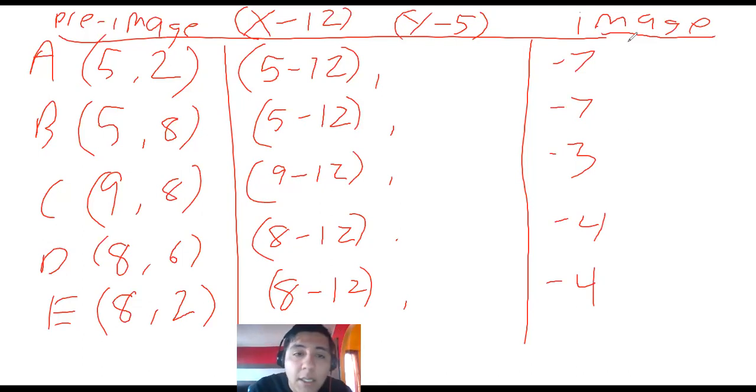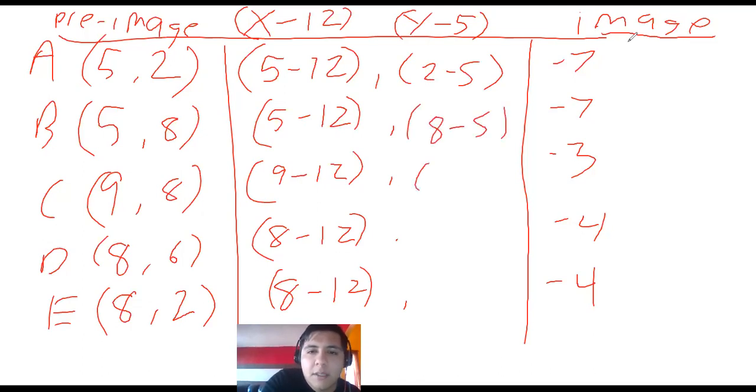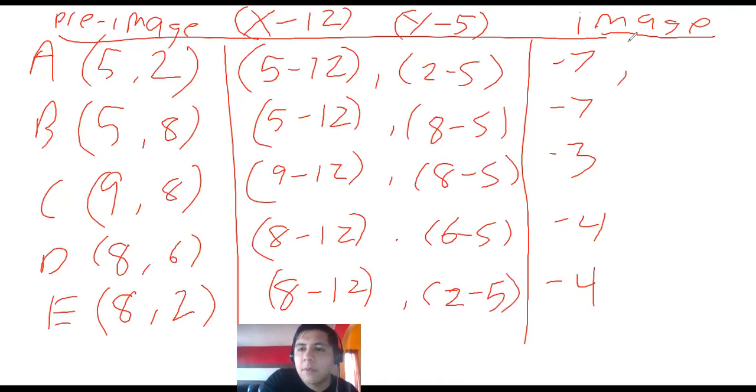The next thing we're going to do is our y's now. We're going to do 2 minus 5, 8 minus 5, 8 minus 5, 6 minus 5, and 2 minus 5. So 2 minus 5 should give us negative 3. 8 minus 5 should be 3.